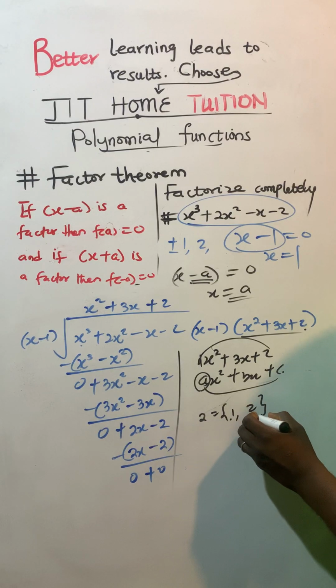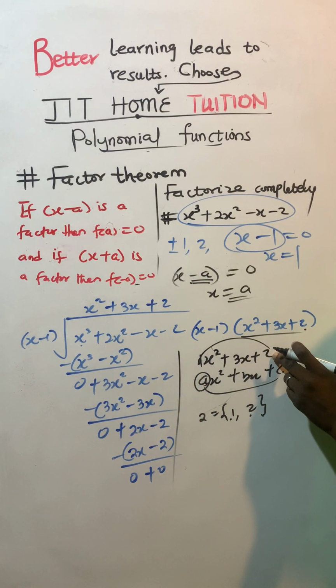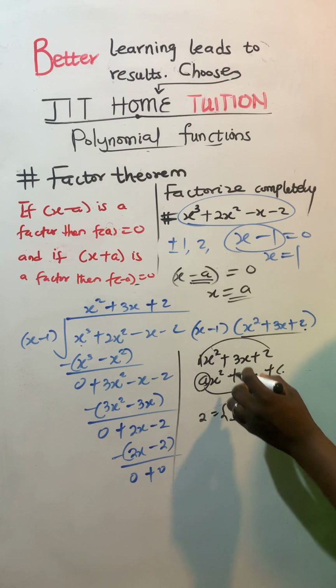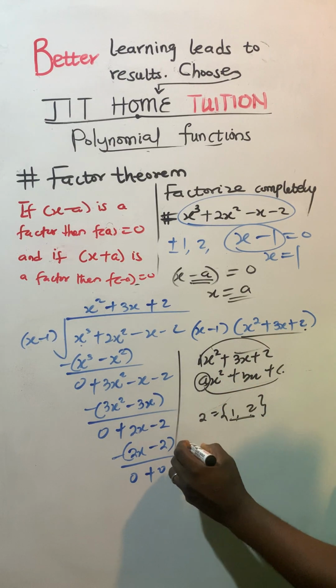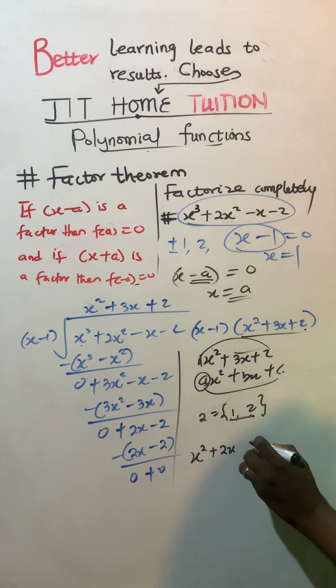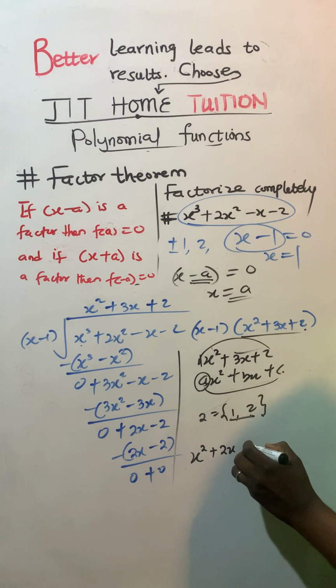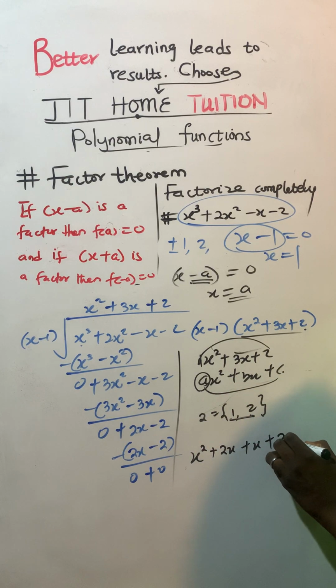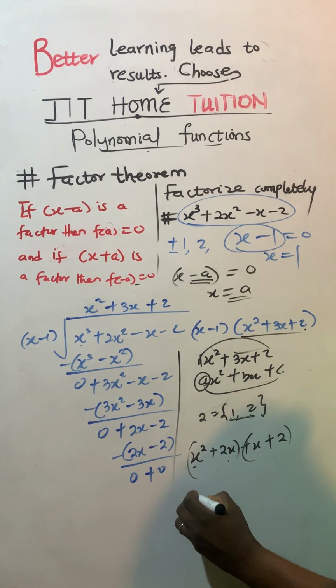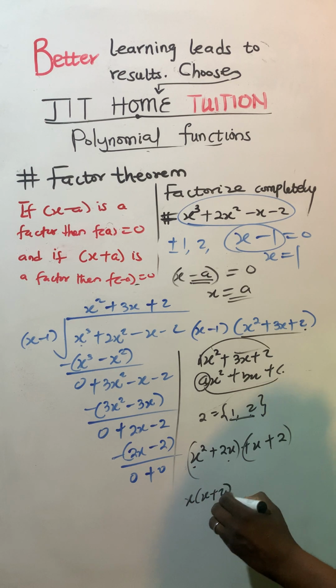Here 1 times 2 will give you your 2 back, and 1 plus 2 will give you your 3. That is what we are going to use to replace what is here. So you have x squared plus 2x plus x plus 2. You put the first 2 in a bracket, the last 2 in a bracket. Then you factorize: x outside, x plus 2.